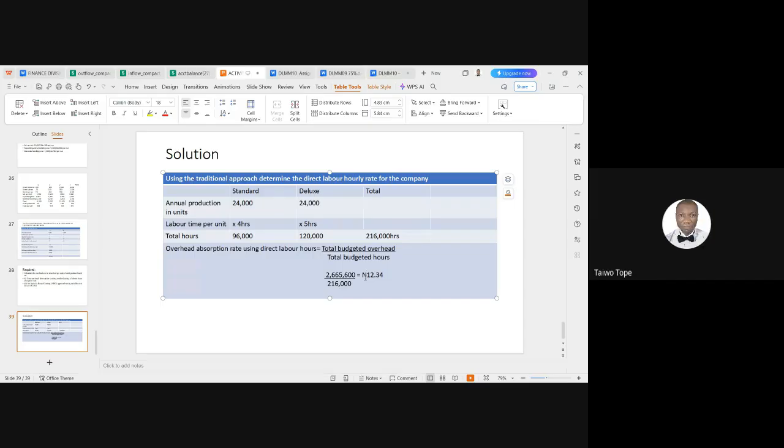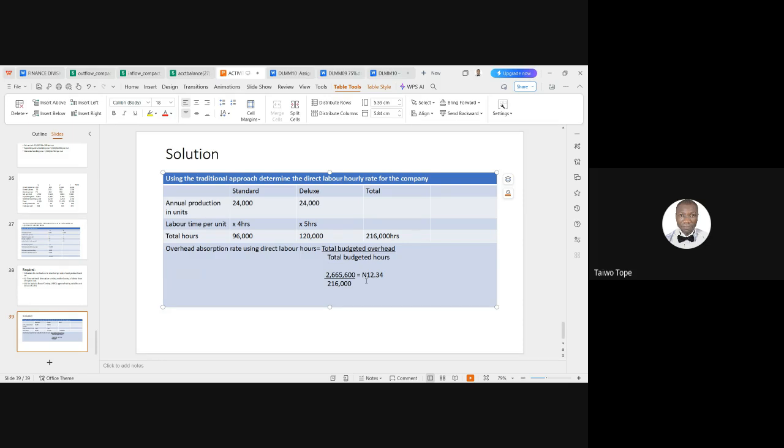What will be the overhead rate attributable to 1 unit? 49 naira 36 kobo. Okay, fine.